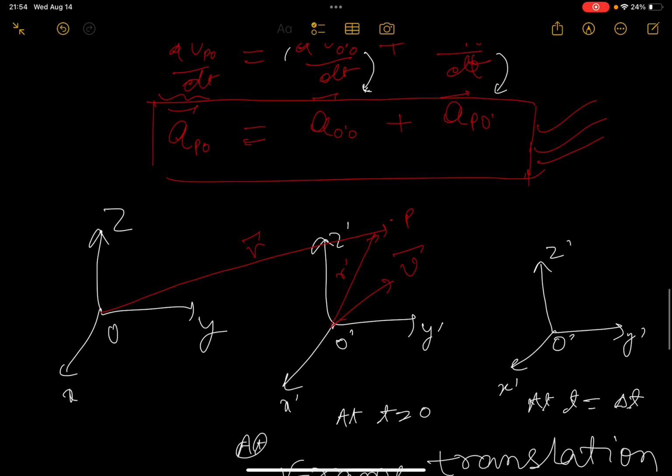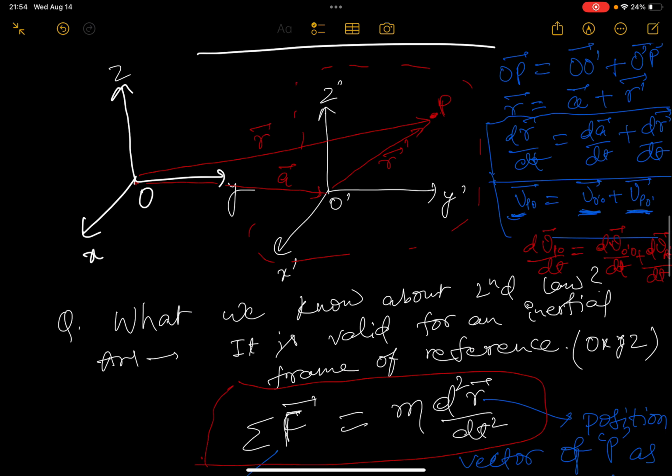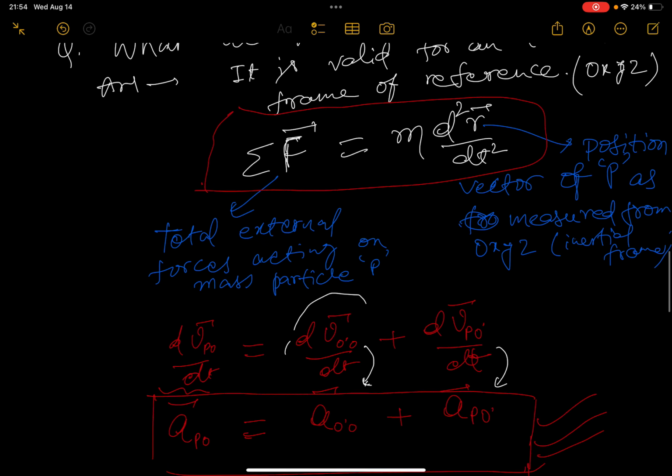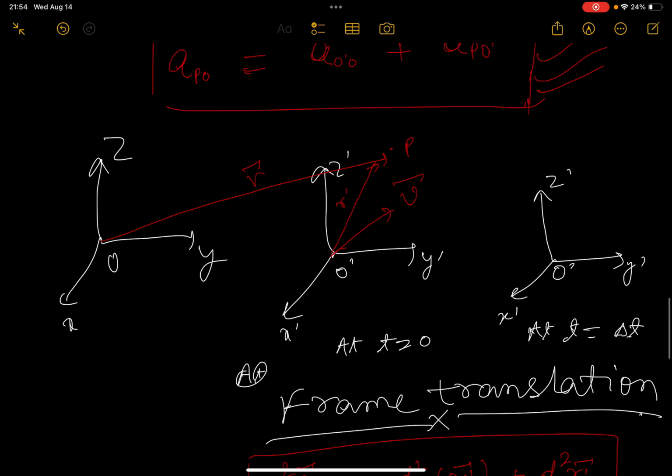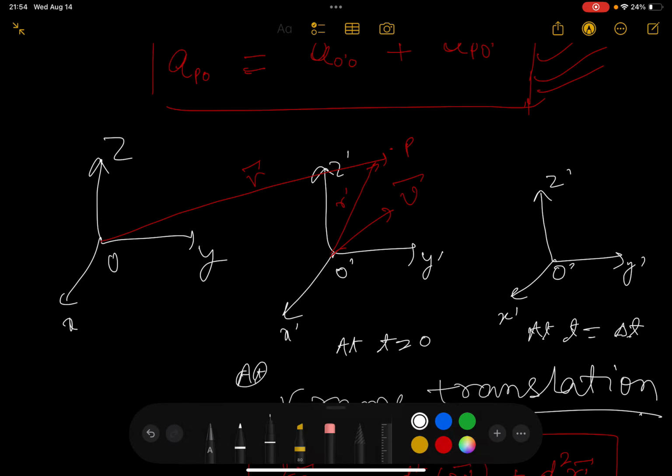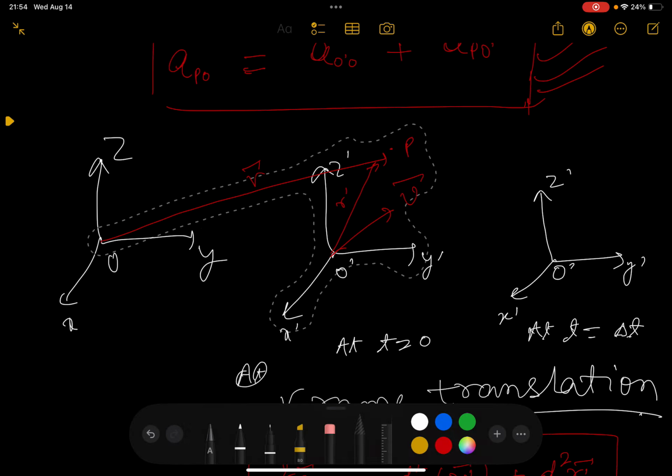It is basically nothing but the acceleration of the point mass particle p when observed from non-inertial frame of reference o dash, x dash, y dash, z dash.